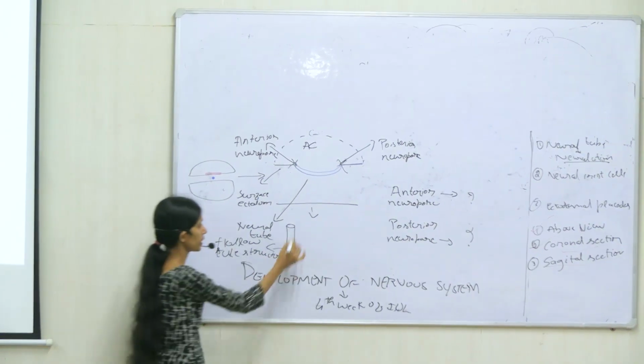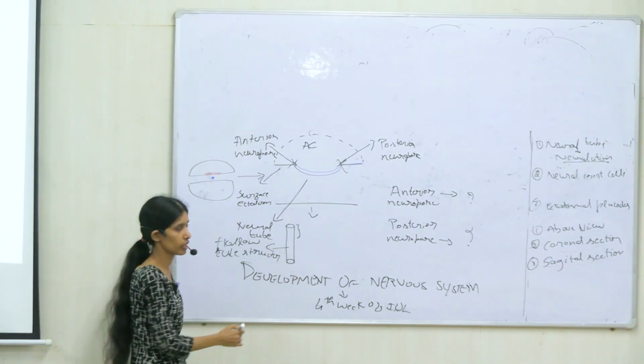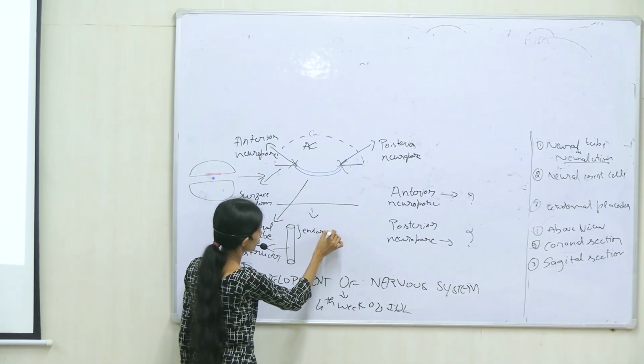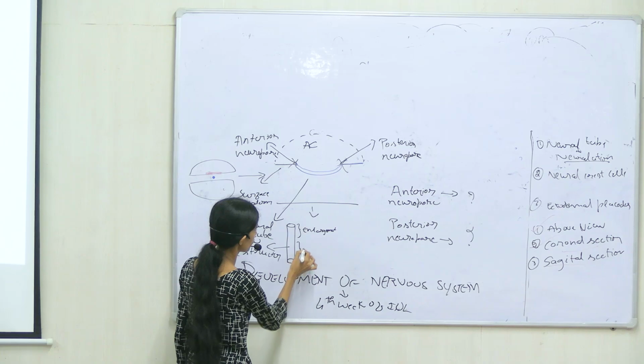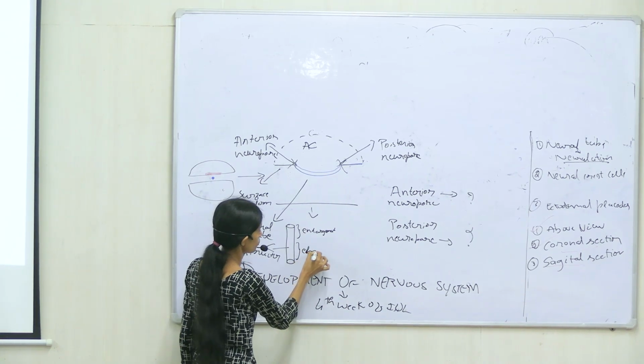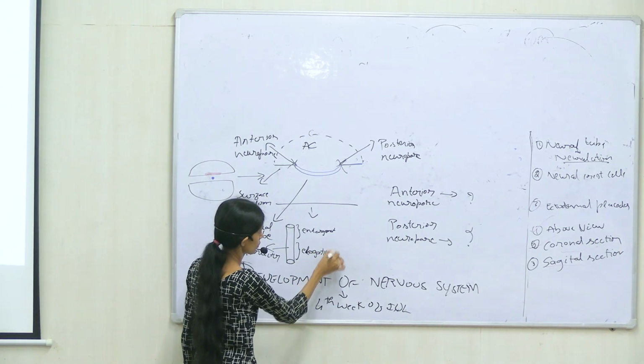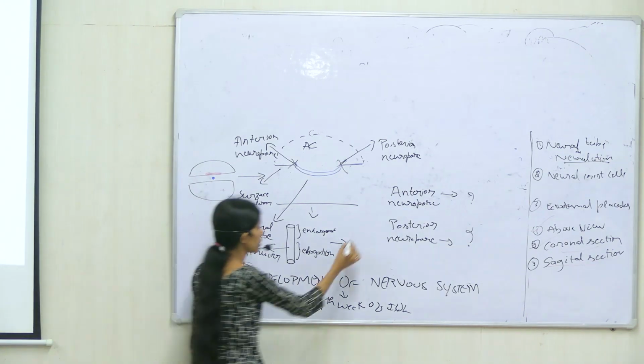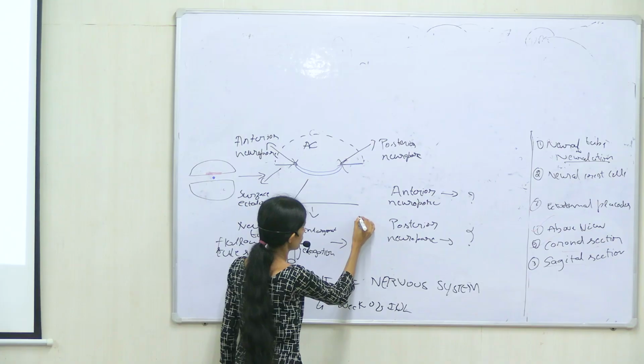Okay. The cranial end of this tube will undergo enlargement and the caudal end will undergo an elongation process. Once the enlargement and elongation take place, this is how the structure will look.